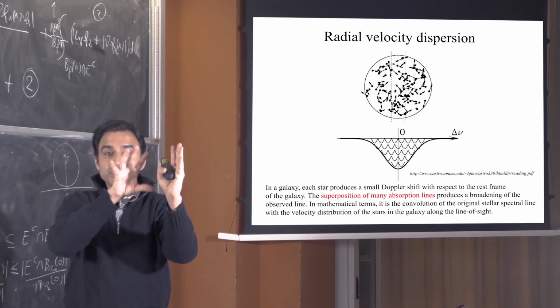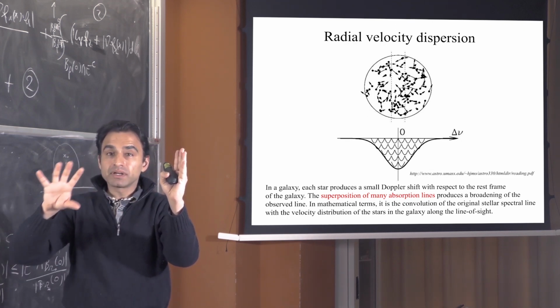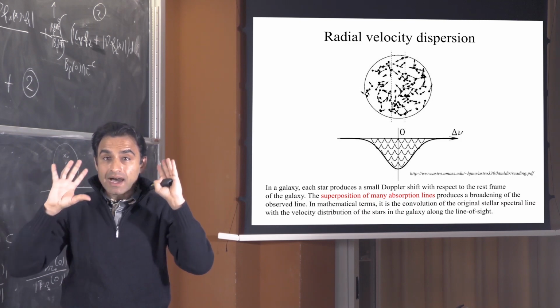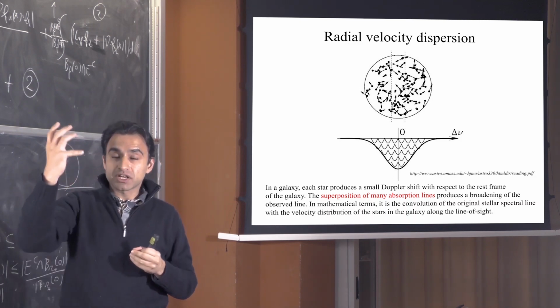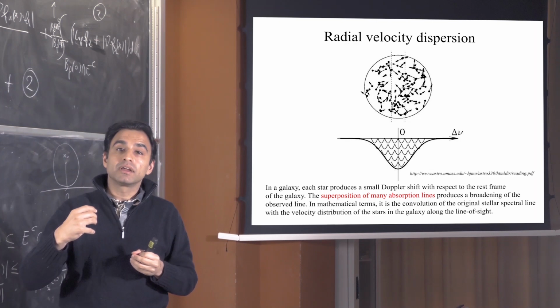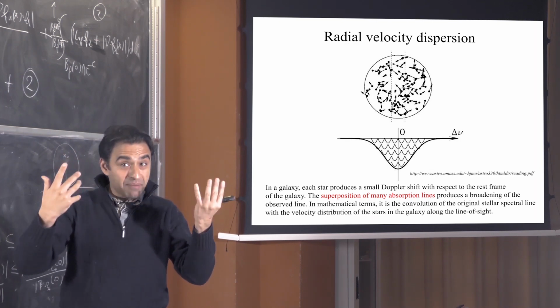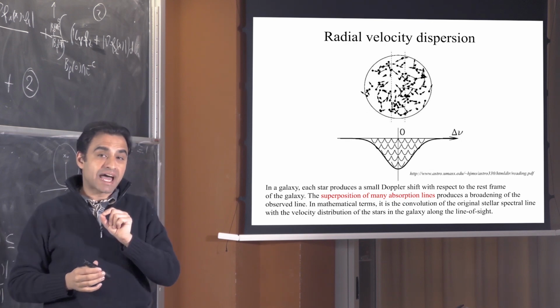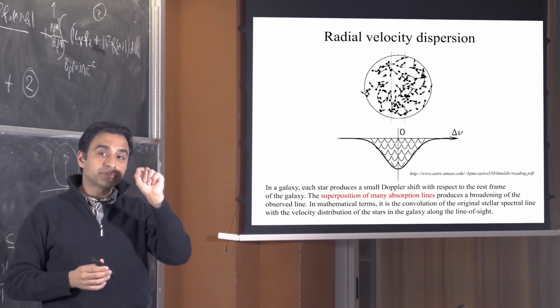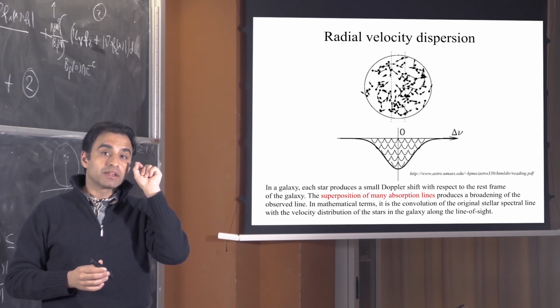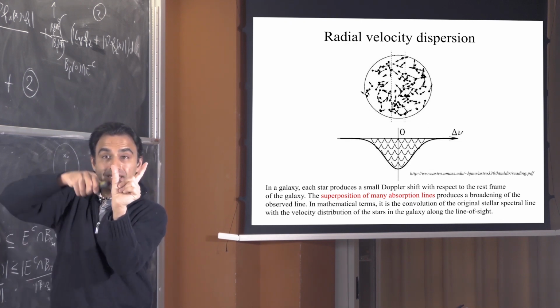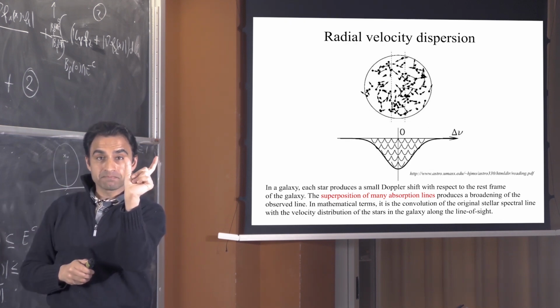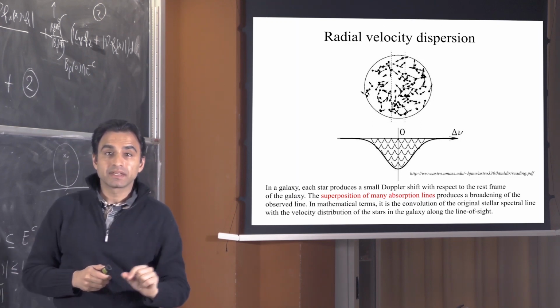The different features of this spectrum reveal a lot about the structure, composition, and dynamics of the source. With respect to dynamics, we look at the absorption features, the dips in the spectrum of a galaxy.